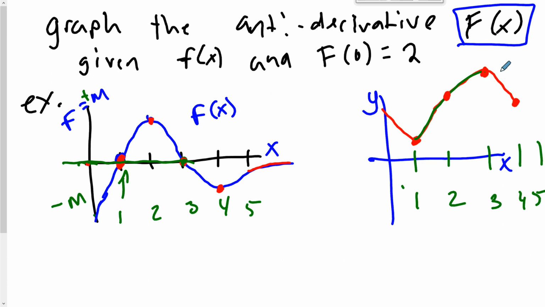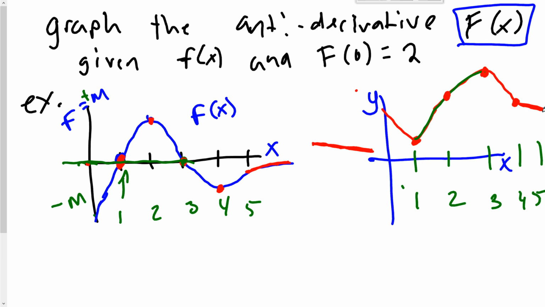Normally the antiderivative would be negative, going down, decreasing, but here it's flattening out. So we're getting closer and closer to a straight line, but we're still going negative, whereas this would be positive slope. So what we're doing is getting closer and closer to a flat line right here. So that's what the antiderivative might look like.